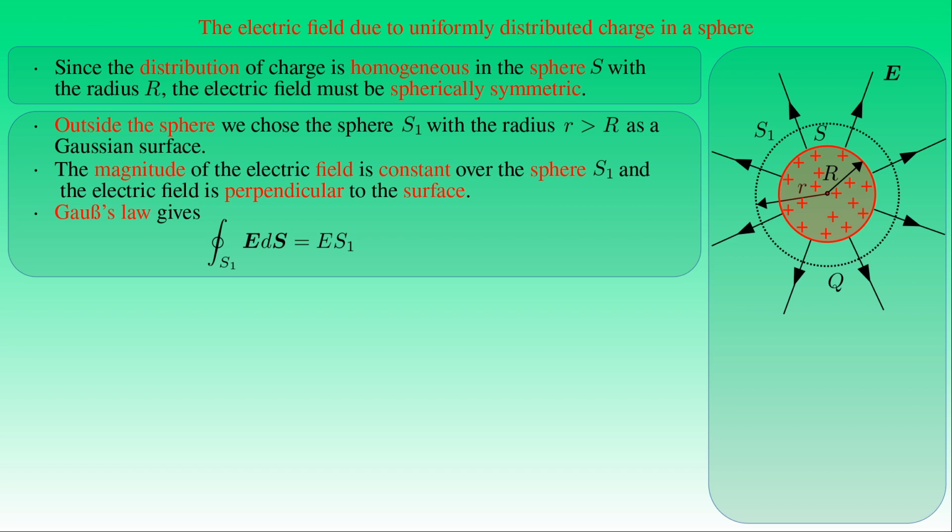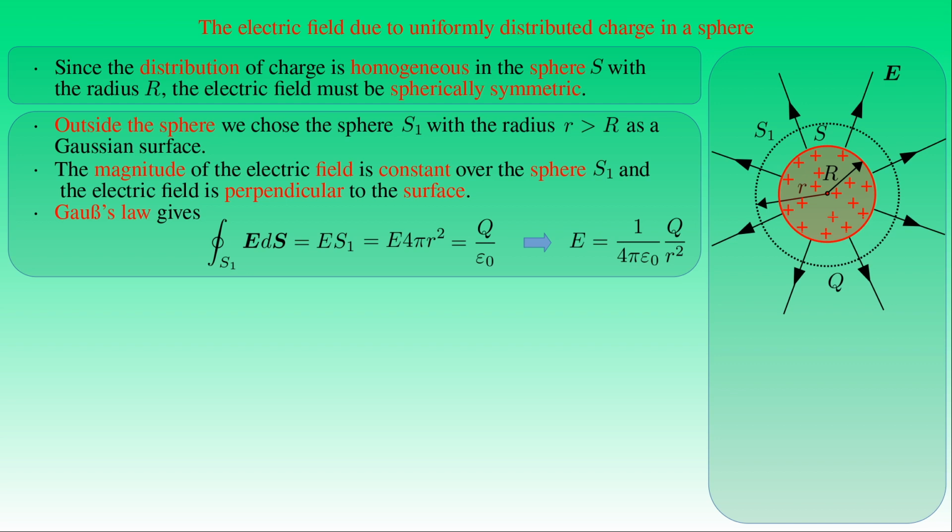This area is equal to 4πr². Since Gauss's law states that the surface integral is equal to the charge q enclosed by the Gaussian surface over ε₀, we can express the magnitude E from this equation. Then the magnitude E of the electric field outside the sphere S is equal to 1 over 4πε₀, times q over r².